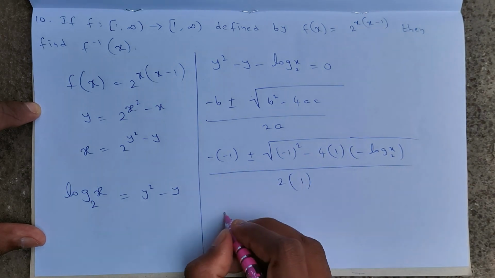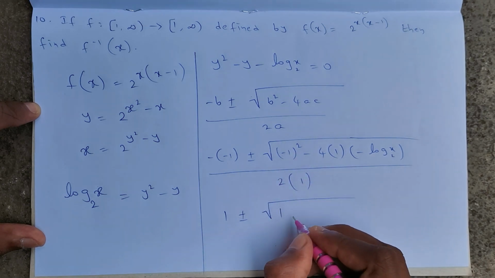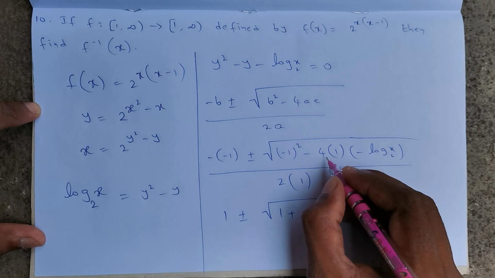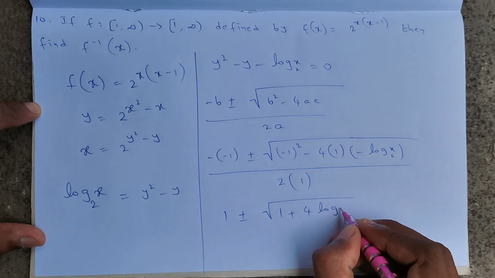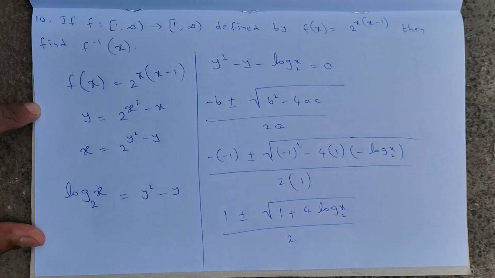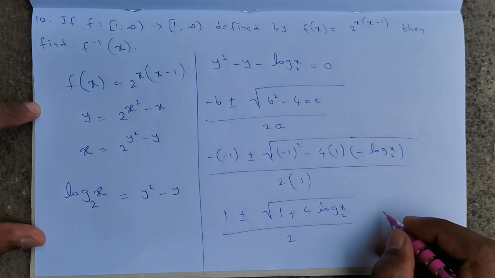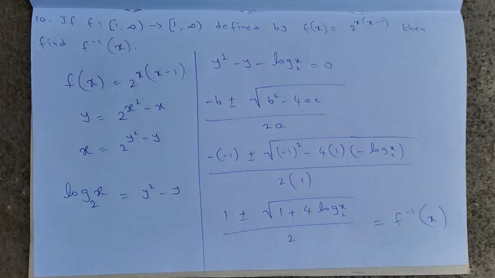This is 1 plus or minus under root, minus 1 square is 1, minus of minus plus 4 into 1, 4 log x base 2, whole divided by 2 into 1, 2. So this is nothing but f inverse of x.